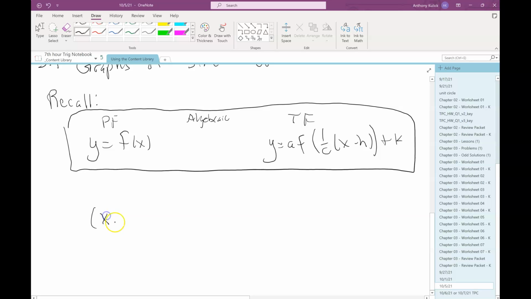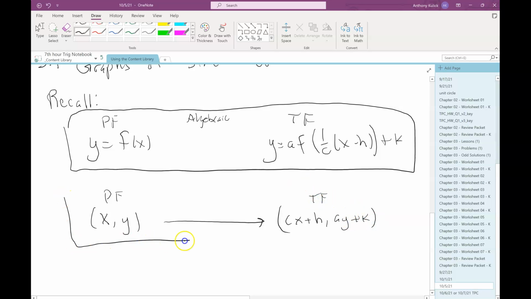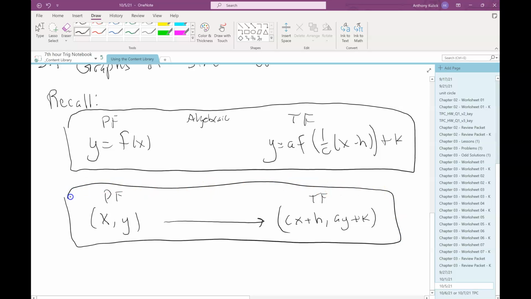And then we saw also that if we had a point from a parent function, we can transform it into a point in our transformed function using this map. So this is our geometric or graphical way we can do a transformation.